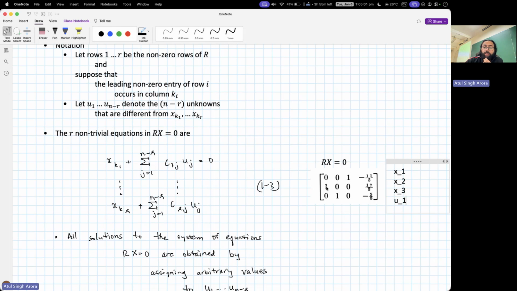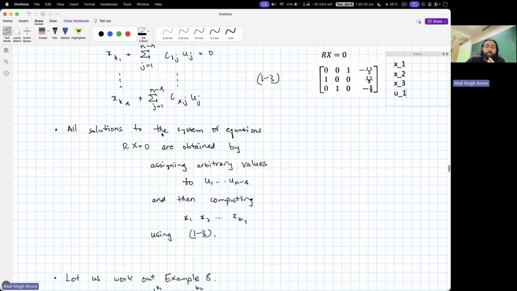When you multiply here, you would have x1 times 1, x2 times 0, x3 times 0, plus some coefficient times u1. For the next one, you would have 0 times x1, 1 times x2, 0 times x3, plus this coefficient times u1, and so on. That is all it's doing, it's just rewriting it in this form. Is it clear now? Yeah? Okay.